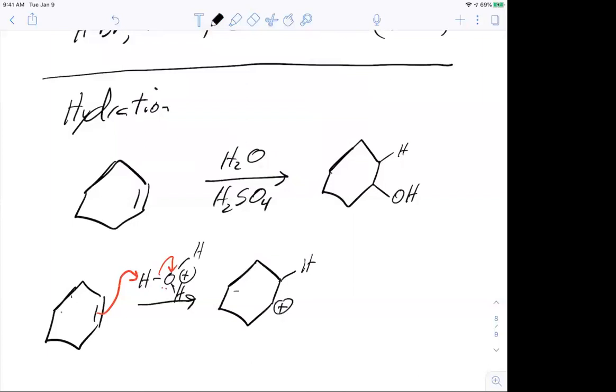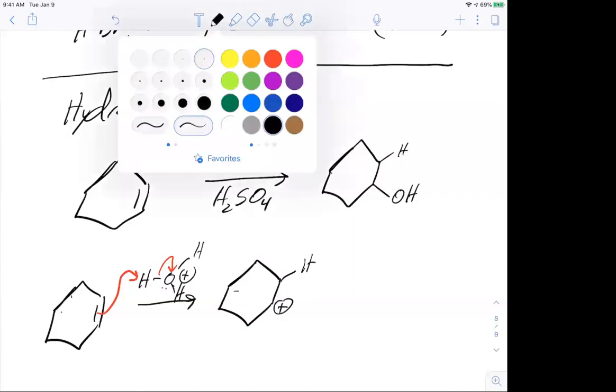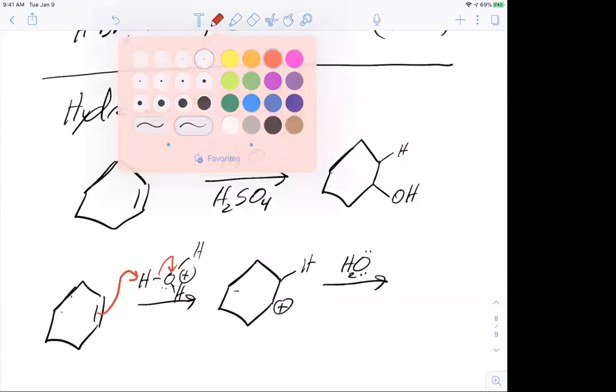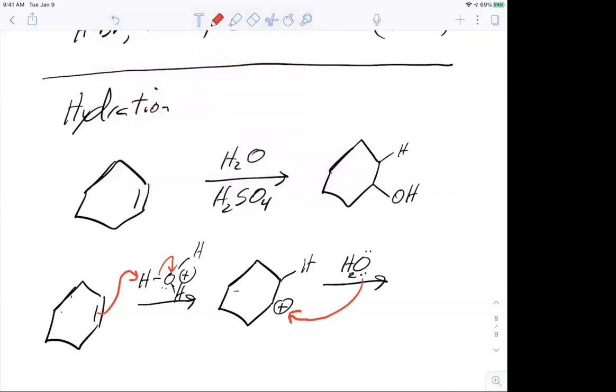Right, that forms the carbocation. Then the water attacks that carbocation.